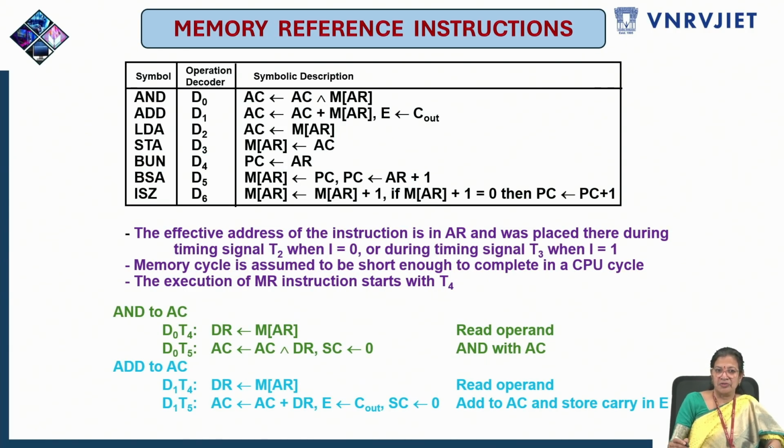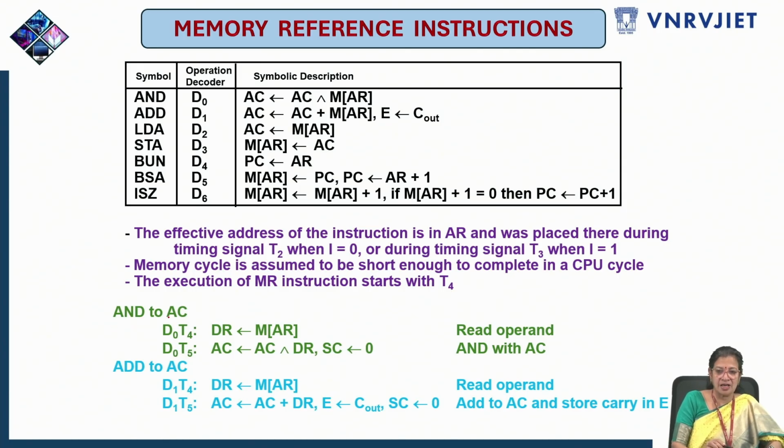These are for the memory reference instructions. So the control signals for the memory reference instructions D0 to D6 are the control signals associated with each of the instructions. Okay, D0 for the first instruction AND.